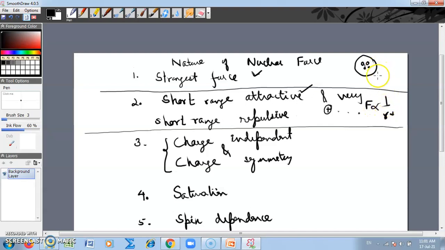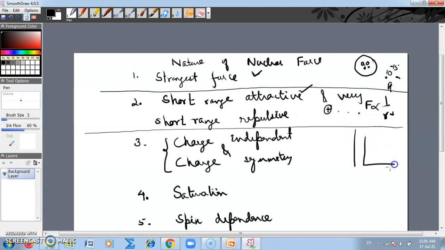In case of nuclear force, the force near a proton or a neutron is felt only within the nucleus, and the nucleus is a very small area. As we know, it is 10 to the power minus 15 meters, 1 Fermi, this much. So it's very strong inside a certain area, and then it suddenly falls like this. We have already seen the diagram.